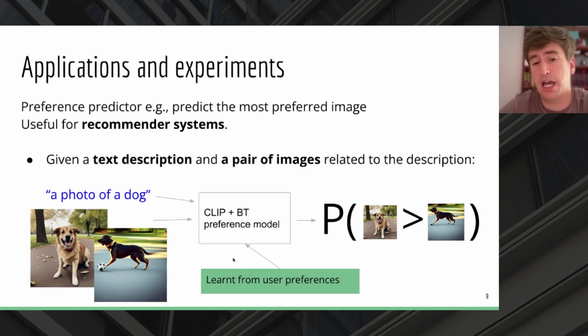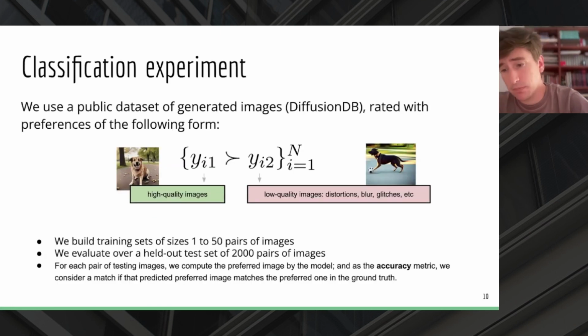We have seen in the previous slide how we can learn this from a preference user dataset, so we can adapt this textual prompt to some particular dataset by the user or preference data. To continue, I'm going to show you two classification experiments.